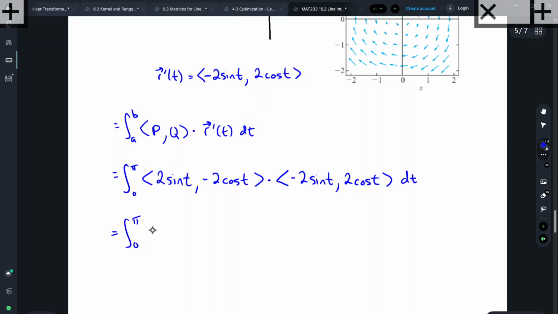Okay, so first, before we integrate, we need to take the dot product of these two vectors. So 2 sine t times minus 2 sine t gives me minus 4 sine squared t, and then plus minus 2 cosine t times 2 cosine t, so that becomes a minus 4 cosine squared t.